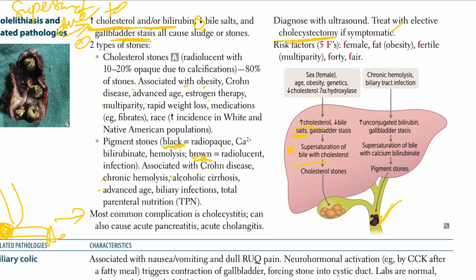But if you are high risk for surgery, or the patient refuses, because it's elective, right? So we have the right to refuse. If the patient refuses surgery, then you can give some drug. Which drugs can you give? Ursodeoxycholic acid.